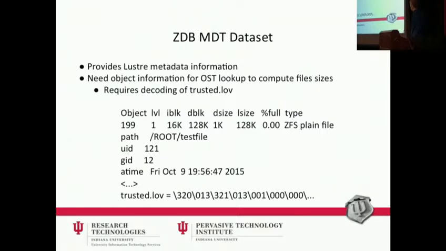But as I was saying before, importantly, we do get the extended attributes, and in this case, the trusted.lov. With Lustre, the trusted.lov will contain information on where those file stripes are on the OSTs.